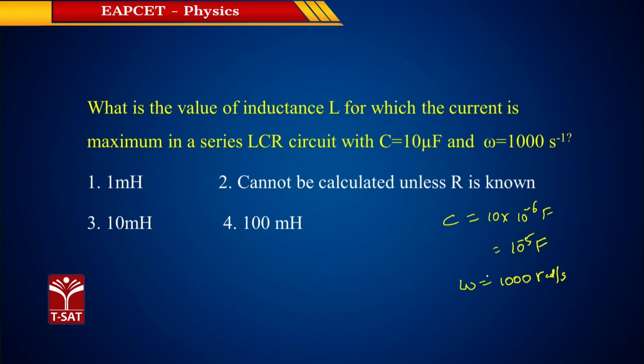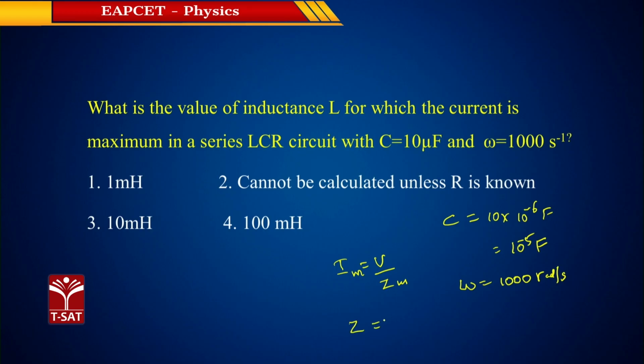In a series LCR circuit, the maximum current Im is equal to V by Zm. That means if the current is maximum, the impedance is minimum.